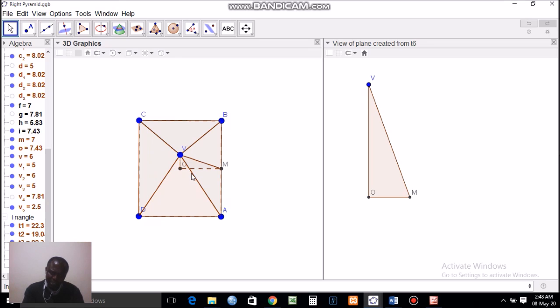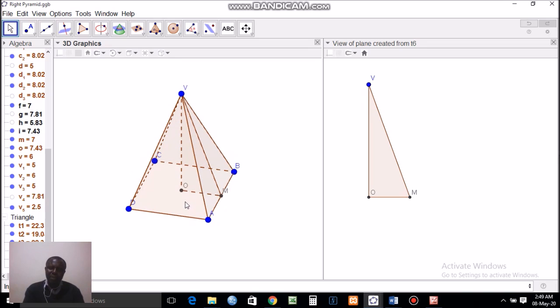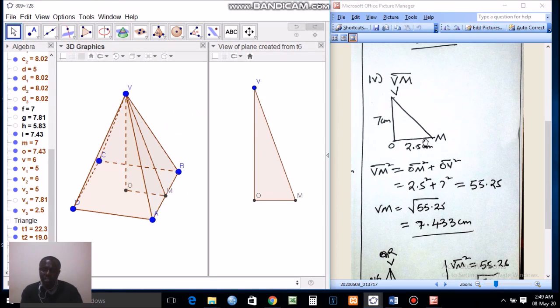And that means O is the midpoint, so MO is a half of 5. And again, VO is the altitude of our pyramid, so VO is 7, and MO is a half of 5, which is 2.5, and that sets the stage for the calculation of VM.